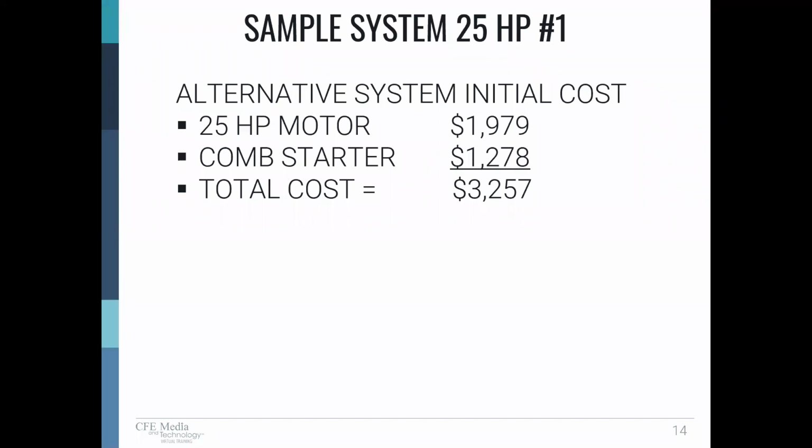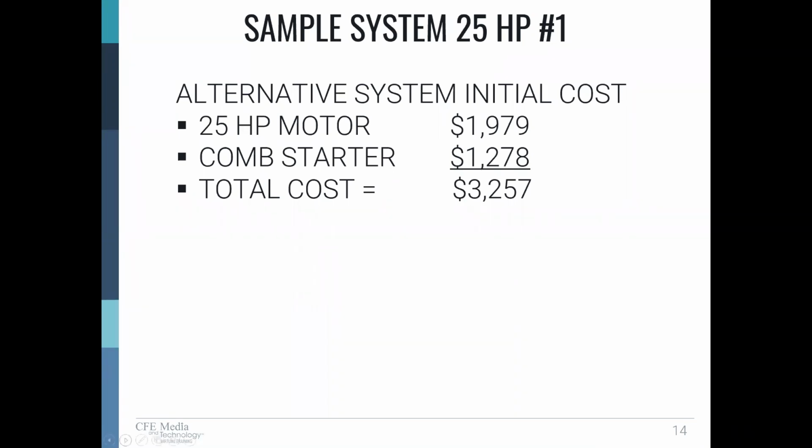The 25 horsepower system has cost of $1,979 for the motor. A NEMA combination starter is $1,278 for a total cost of $3,257. As you will note, we didn't have any cost for the harmonic filter because no harmonic filter is required since it's a cross-the-line starter.